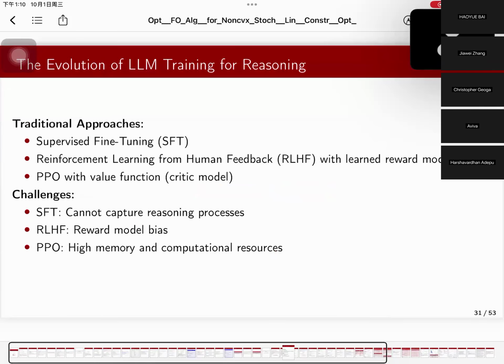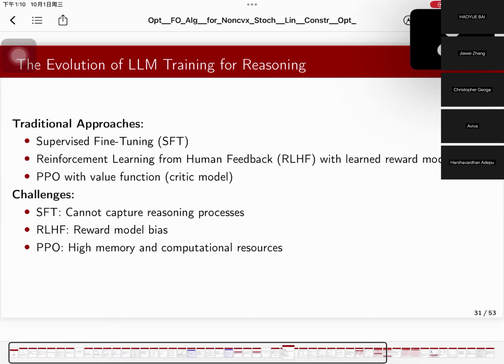Some previous approaches for LLM reasoning are supervised fine-tuning, RLHF, and PPO, proximal policy optimization. For supervised fine-tuning, the main drawback is that it just memorizes the answer and does not capture the reasoning process very well.